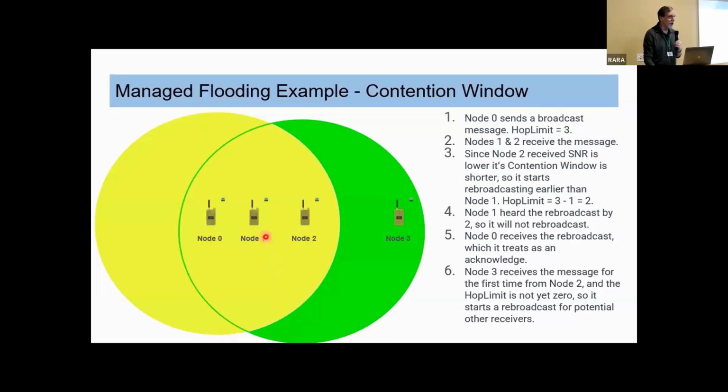So now node 1 is going to calculate the contention window, and it's going to send it out first rather than node 2. That's not really what we want, because I didn't draw the circle here, but node 1 can't get to node 3. So now, instead of node 2 getting the network out to node 3, node 1 sends it out, and now node 3 never gets it.